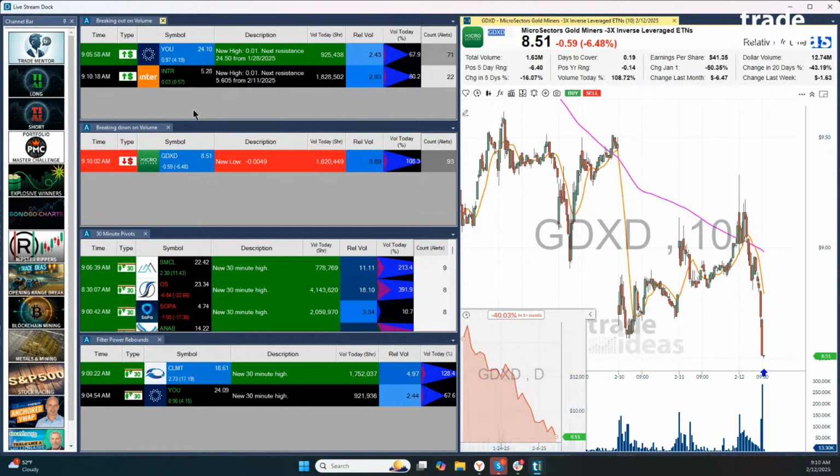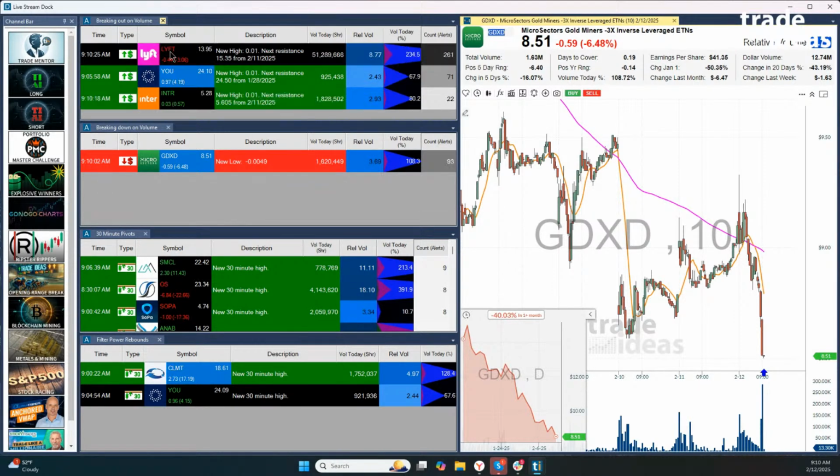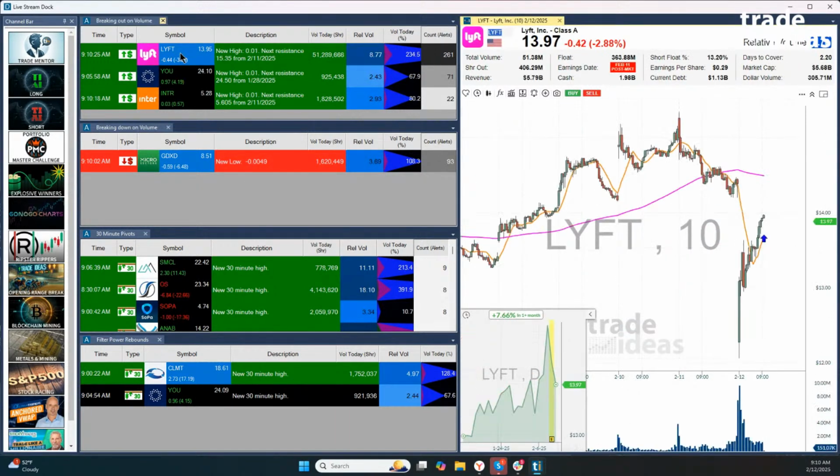Okay. Notice INTR just came across, but it's below YOU because of the numbers. And LIP just came across and it has huge numbers. Let's take a look at LIP. All right. So remember we got rid of the up to close. And so what this allows you to do is catch the big rebounds.